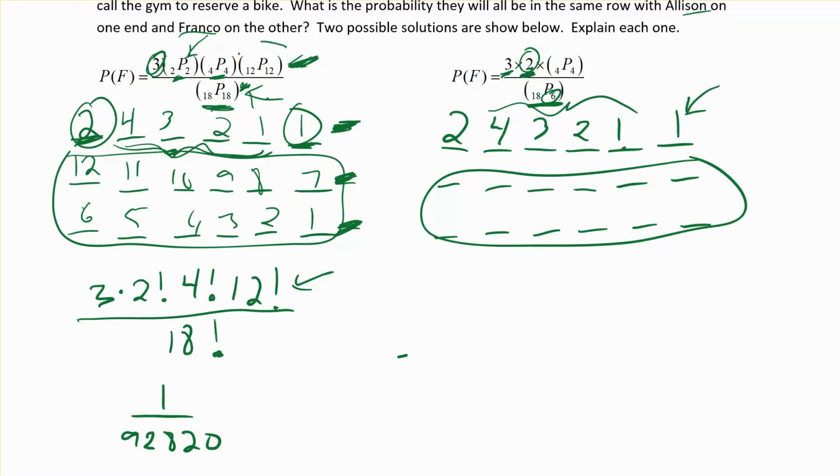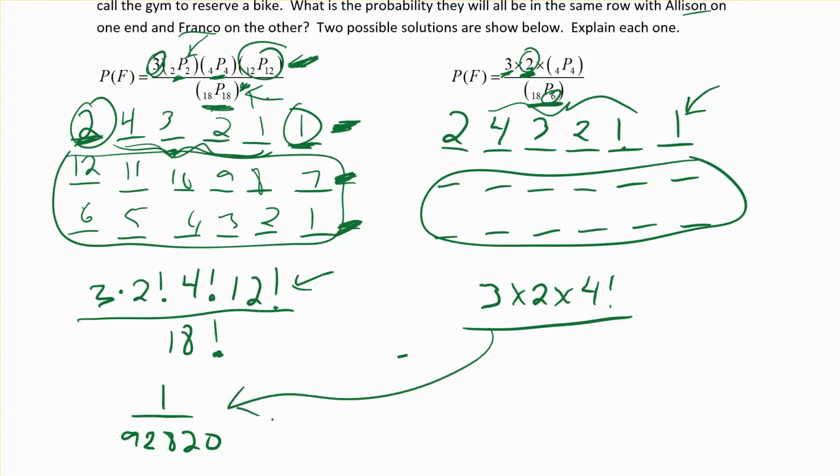And we didn't have to multiply that by 12 factorial on the top anymore because we don't care about those people on the bottom. So that's how that one works. So this would also be the same as writing 3 times 2 times 4 factorial over 18P6. Okay, so that's how you explain those two and you end up with the same answer. Okay, I'll see you guys in class.